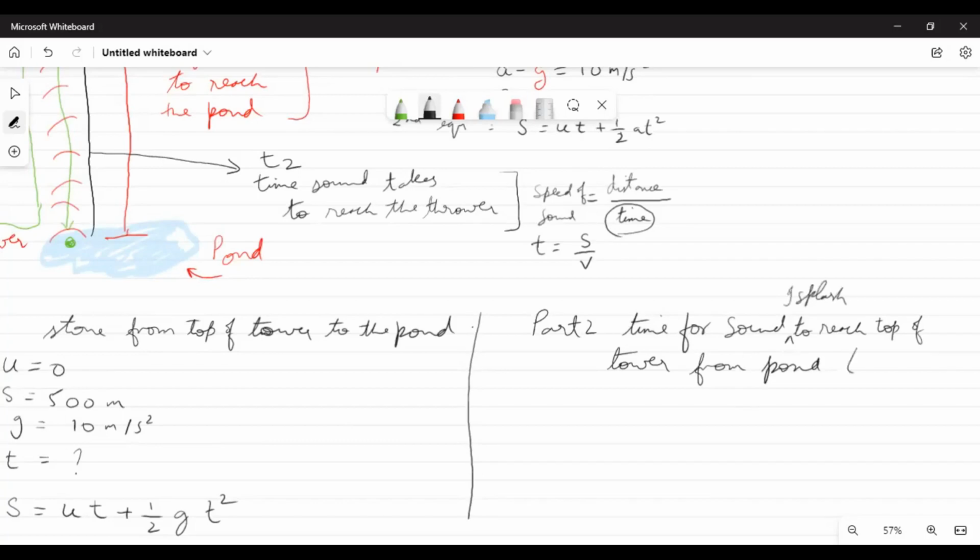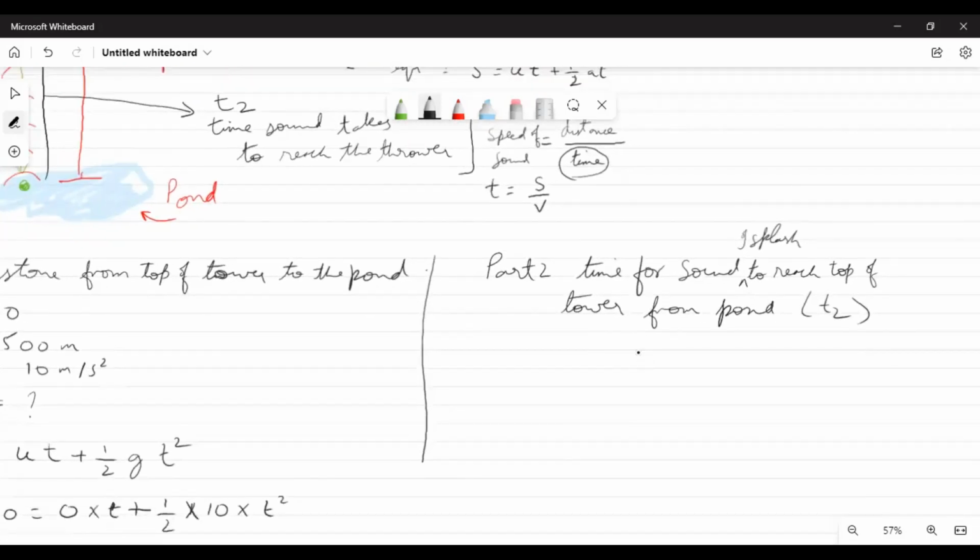Let this time be t2. For this, I've already told you, we have to find out the time. We don't know what the time is. s is distance. Don't confuse it with speed. s is not speed. s is distance, which is 500 meters.